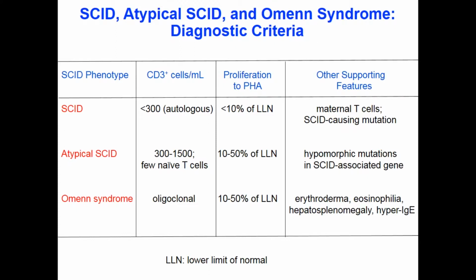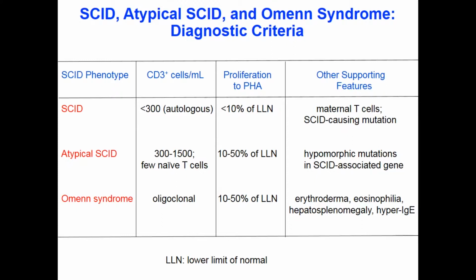The T cells in patients with typical SCID are not only extremely low or absent in number, they also are extremely poorly functioning. And this is shown by proliferation to a mitogen, which we use in a lab to make T cells proliferate. So these patients' T cells are virtually incapable of undergoing proliferation. In fact, we find responses that are 10% of the lower limit of normal.